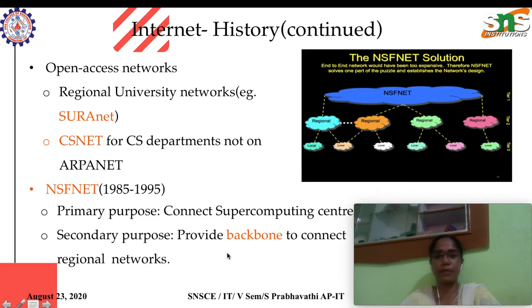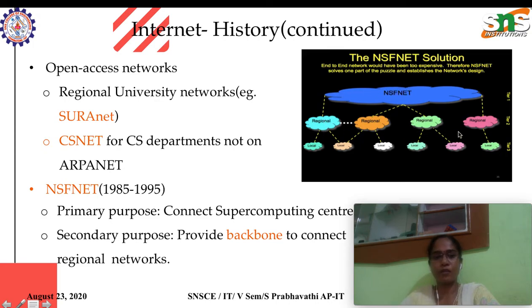From this picture itself you could get it clearly, different regional networks existed, and if one regional network wants to communicate with another regional network, there is no other way. It needs to depend on the backbone, NSFNET. So NSF is the backbone for connecting different networks.